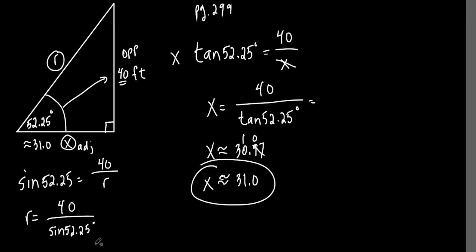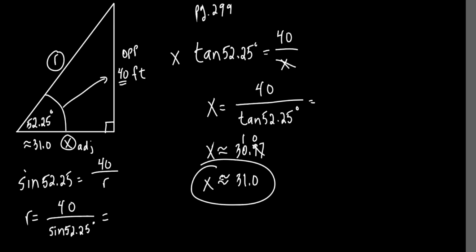And then you divide it by the sine of 52.25. Now, you put that into a calculator. So let's do it. So I put 40 divided by sine of 52.25. Close parentheses, hit equals, and there you go. It's about 50 point what?